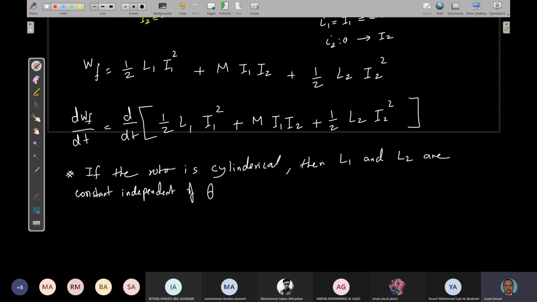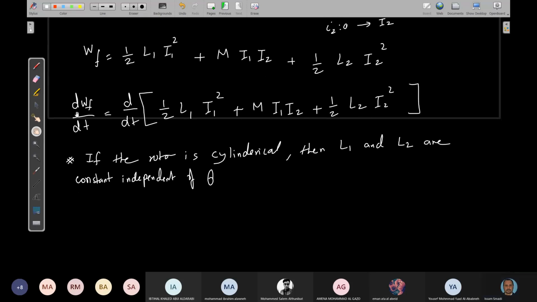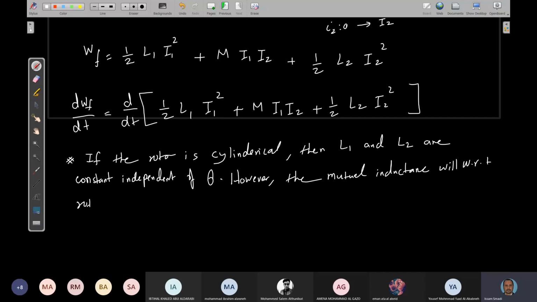Now, what about the mutual inductance? The mutual inductance will change with respect to the rotor position. Why? I think we discussed before, huh?